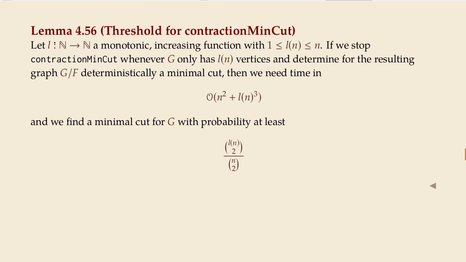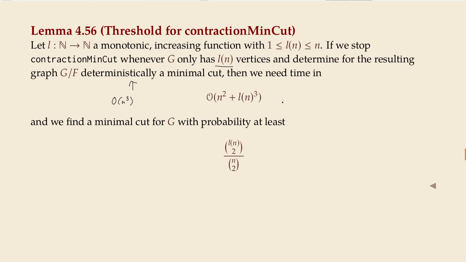So the idea is, let's fix some function that we're going to choose in the end to optimize the running time. And we stop the contraction as soon as we only have a certain number of vertices left. And then for the remaining small graph, we construct deterministically what the optimal min cut is. For that, we use the cubic deterministic algorithm that I just noted last time that it exists. We won't discuss it here in detail.